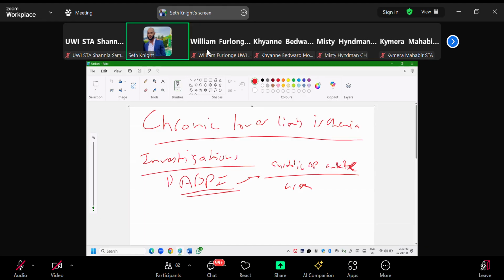Your ankle brachial pressure index has a score. The range is normal. The range is mild disease. The range is moderate disease, and there are different sources for this.